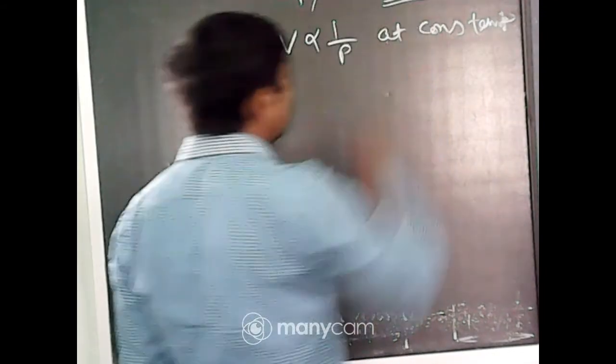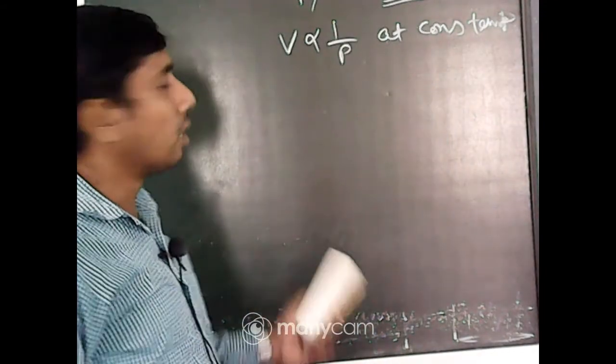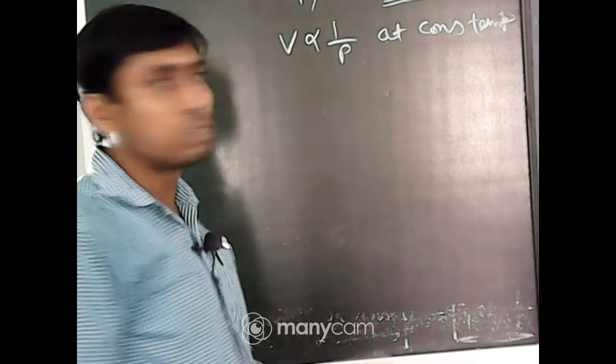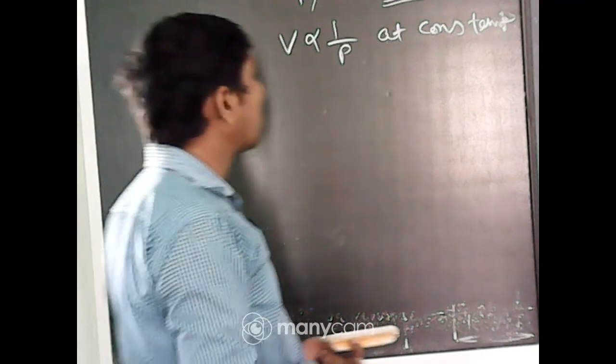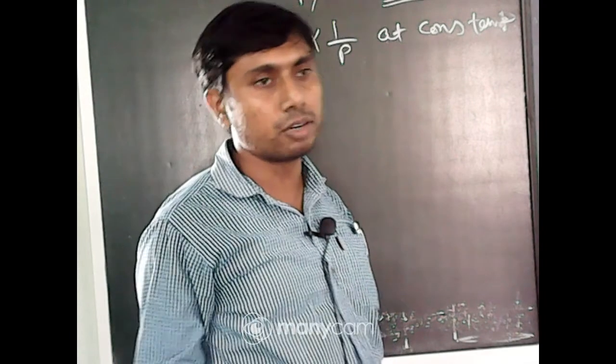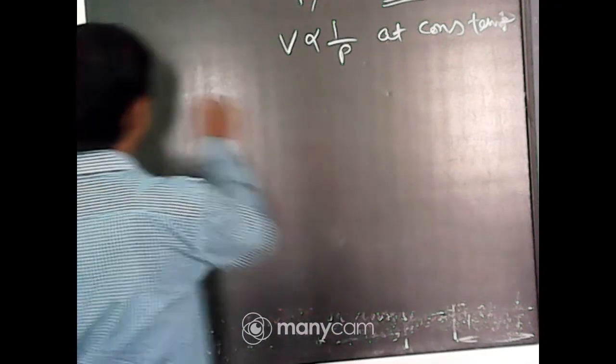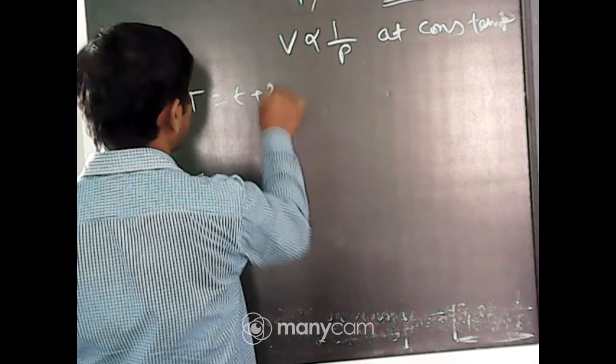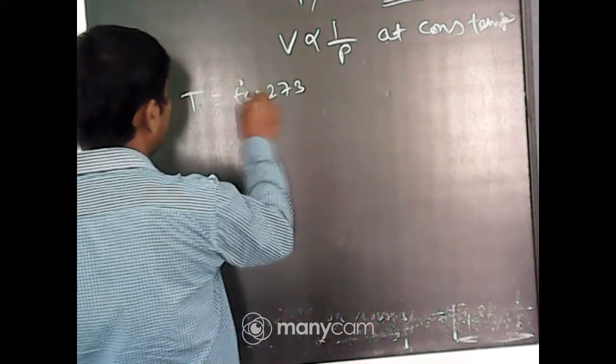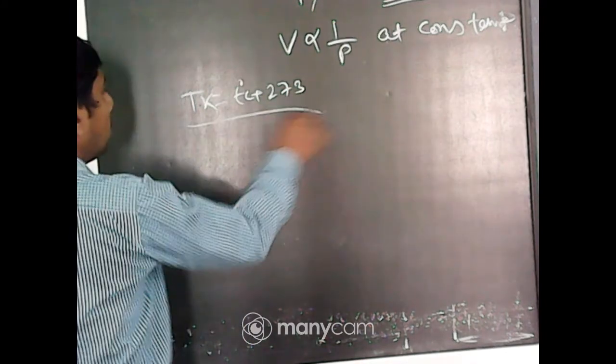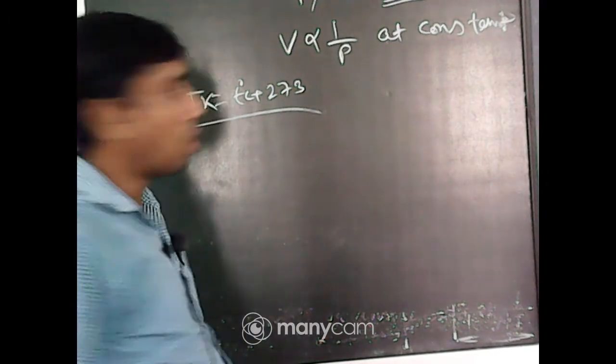Now this T is known as the capital T, or T in the absolute scale. What is the relation? We will know in the second rule, Charles's rule. The capital T is t plus 273, where small t is in degrees centigrade, and capital T is in Kelvin.